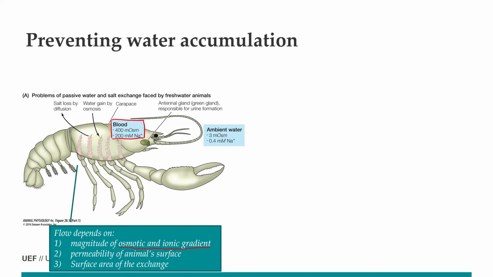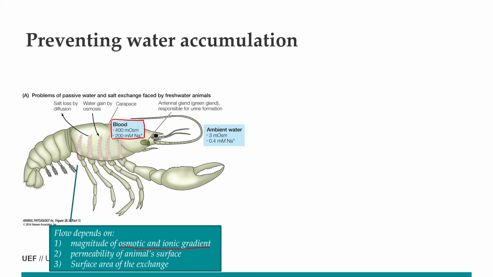So for example, in the sodium, there is 400 times more sodium inside this animal, so it's definitely going to be outside if there is a road, if there is a sodium channel, if there is any kind of transporter that can mediate sodium outflux, it will definitely go.